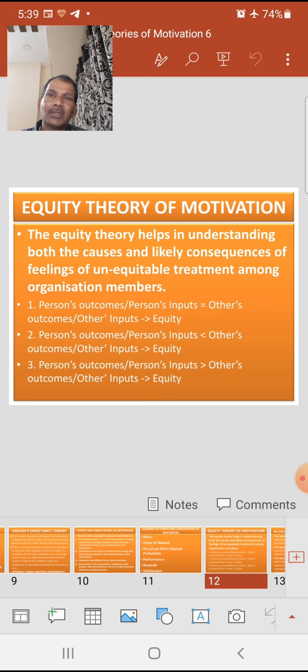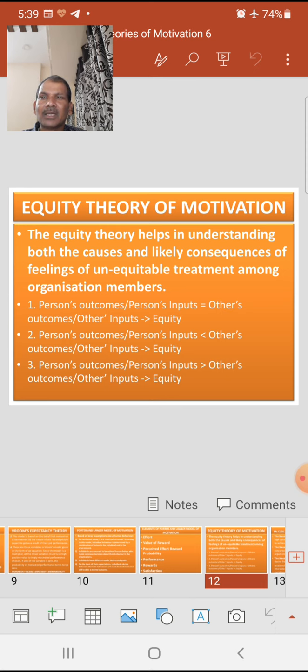The theory defines equity as the belief that we are being treated fairly in relation to others, and inequity as the belief that we are treated unfairly in relation to others.